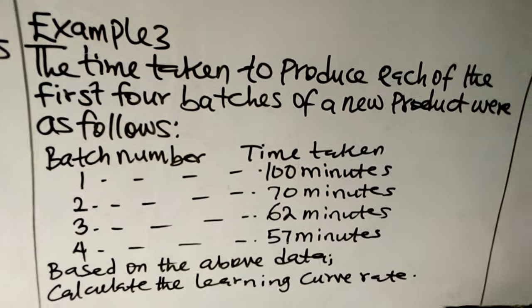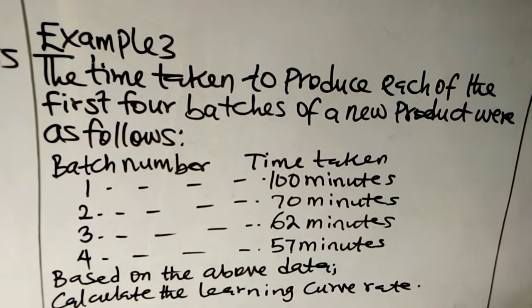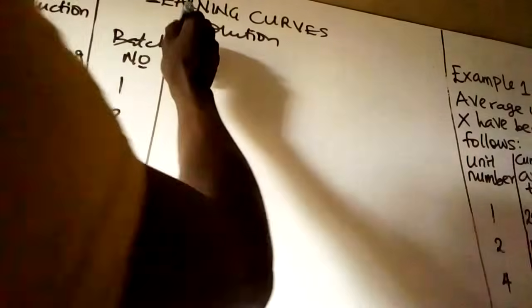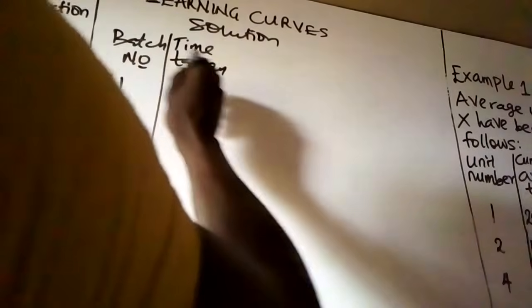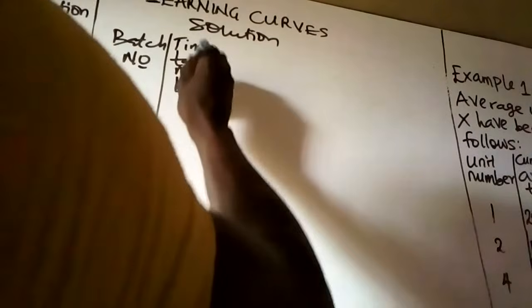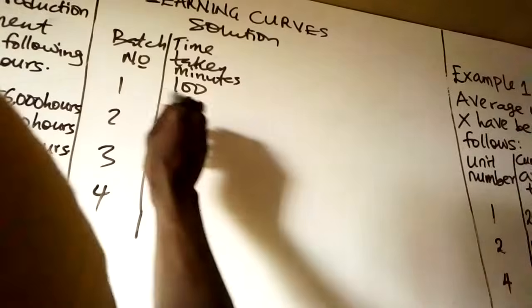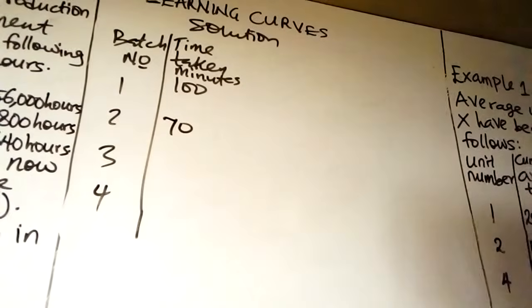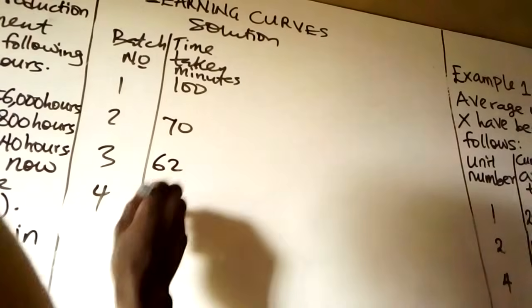Then you are also given the time taken: 100 minutes, 70 minutes, 62 minutes, and 57 minutes. The time taken is in minutes. 100, 70, then we also have 62 and 57.